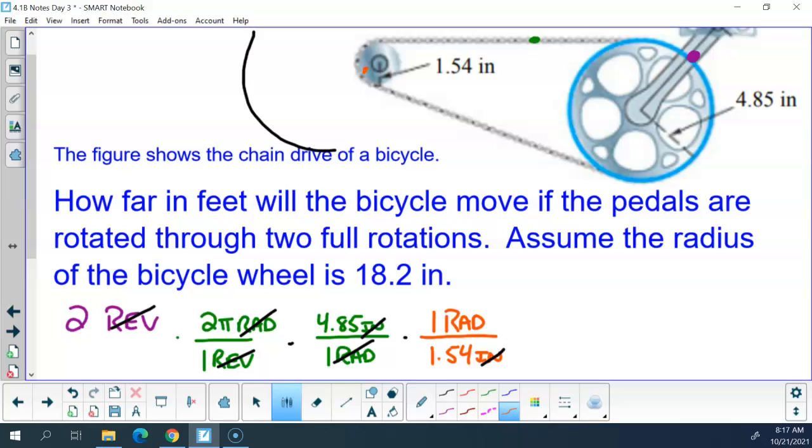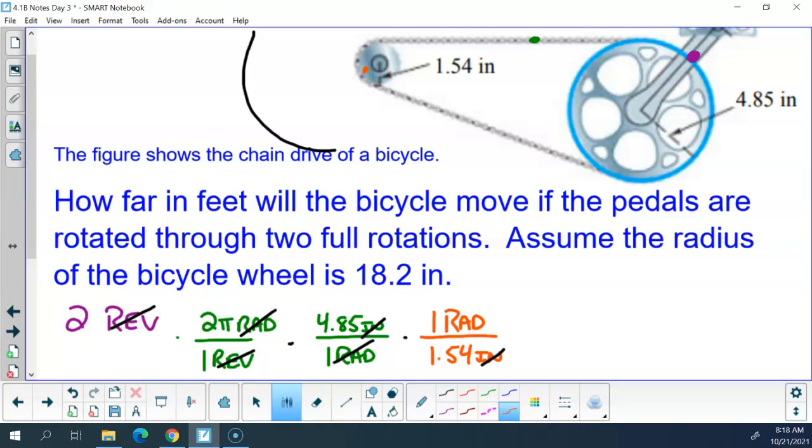Now I'm on the little sprocket. Do we need to get to revolutions of the small sprocket? We need distance, right? So what can I multiply by to get me distance? The radius of the wheel.